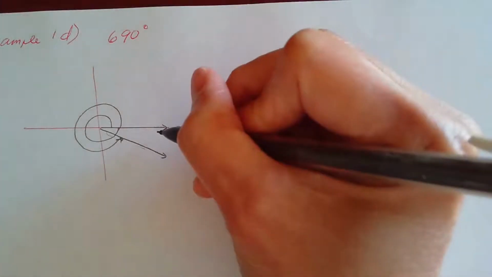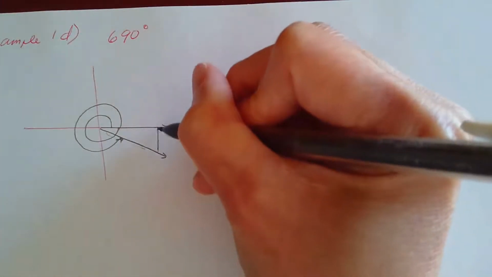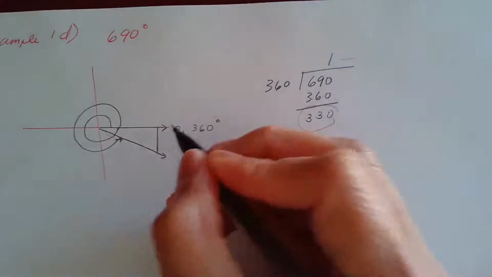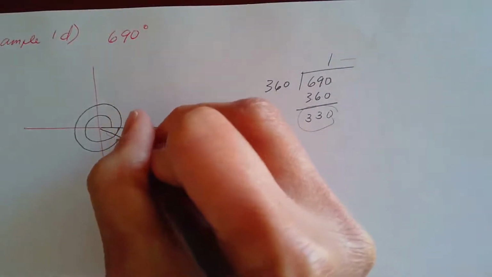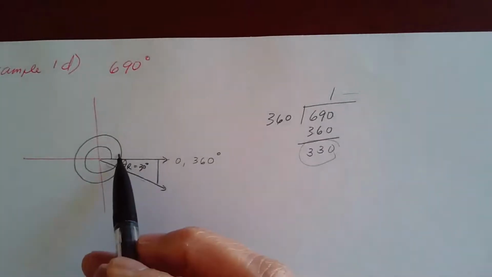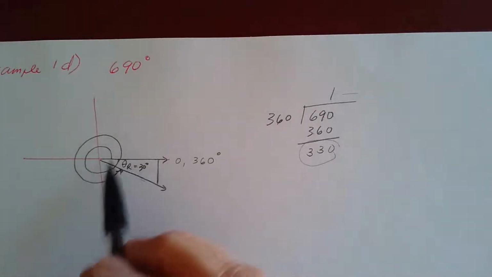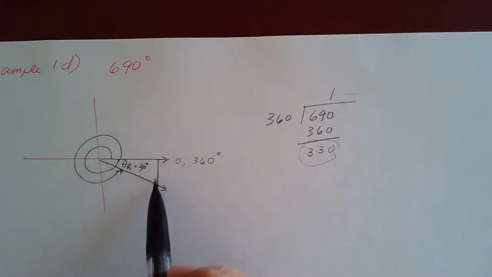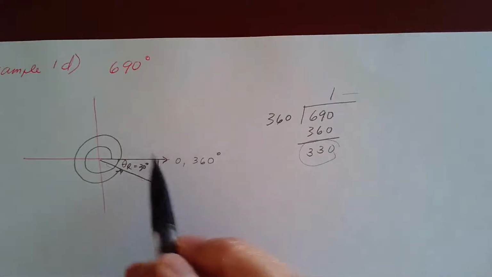It means that our reference angle in here is 30 degrees. If you get rid of all the looping around, you're going to end up with a 30-degree reference angle.